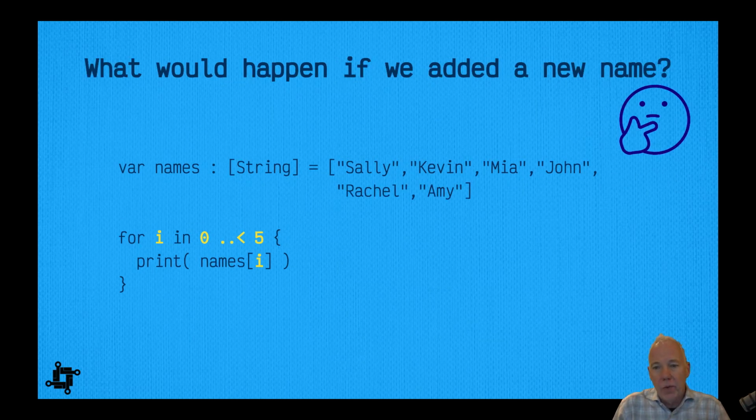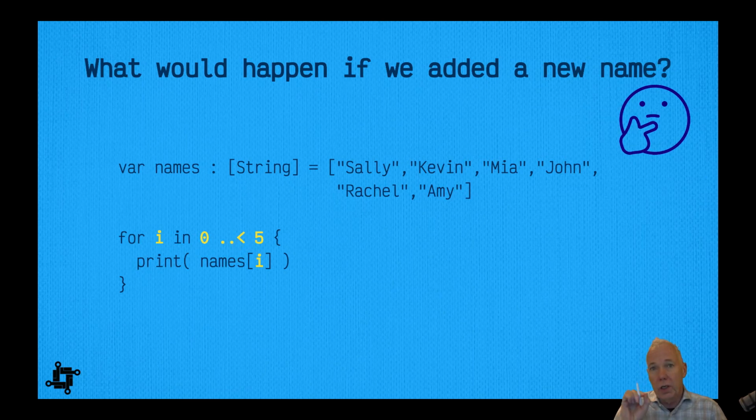So what would happen if we added a new name? So for example, I added Amy now to the list. So we actually have 1, 2, 3, 4, 5, 6 elements in the array, and they're indexed as 0, 1, 2, 3, 4, 5. But our for loop doesn't go up to 5. It only goes up to 4 because we have this less than right here, right?